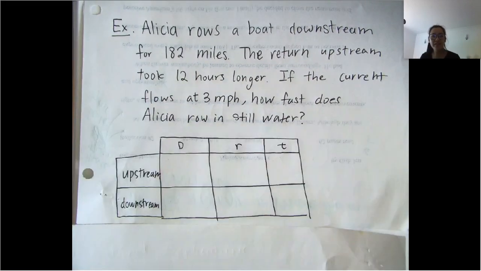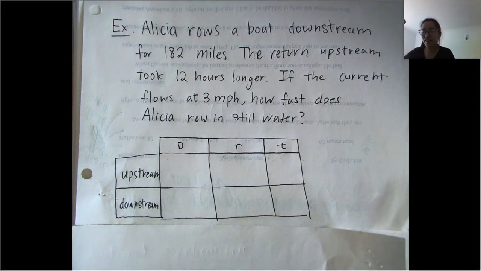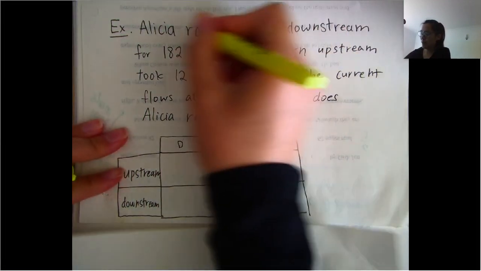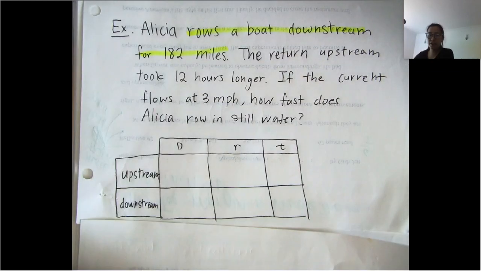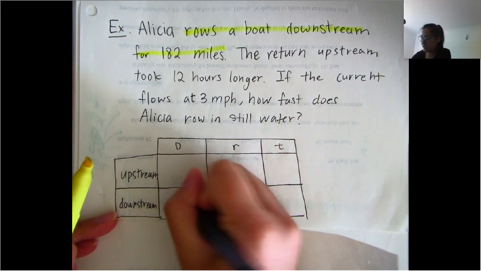Okay, so let's go ahead and fill in the information. Alicia rows a boat downstream for 182 miles. So what that means is the distance she went downstream is 182 miles. We're going to go ahead and put that in the downstream distance.